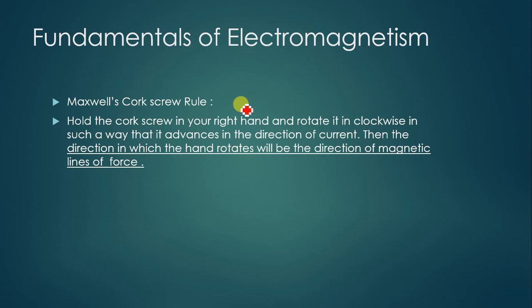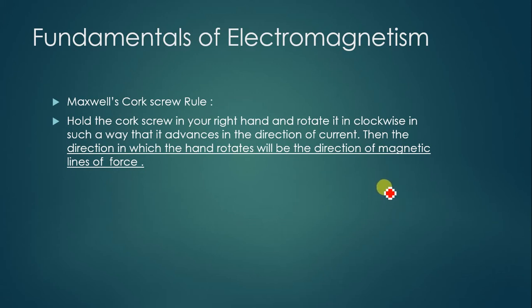Maxwell, the very famous scientist, postulated and proved that if a corkscrew is held in your right hand and rotated in the clockwise direction in such a way that it advances in the direction of current, then the direction in which the hand rotates will be the direction of the magnetic lines of force.